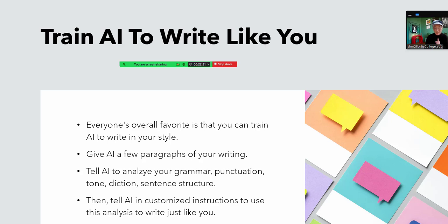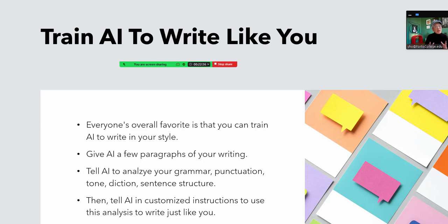This actually is everybody's favorite part of the discussion. Whenever I give this presentation, this is the part where everybody stops, and this is where we talk the most. Everybody's like, really? It can write just like me? And I go, yeah. And that way you don't have to do the writing. You would just tell AI to write in your voice.